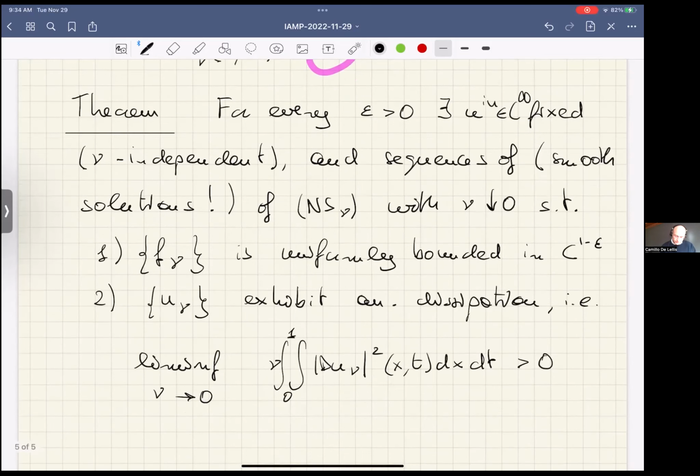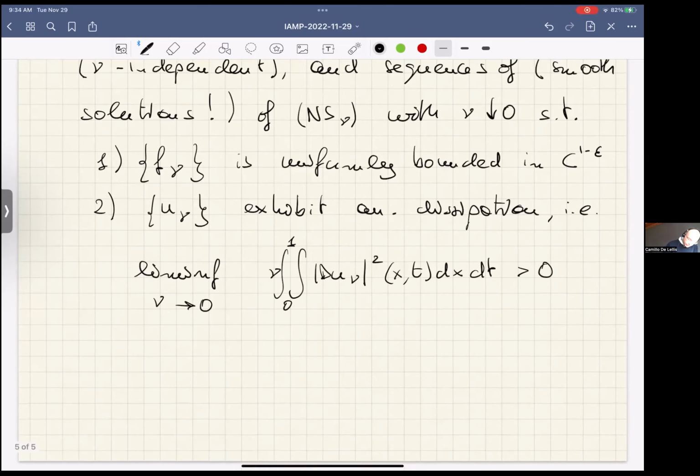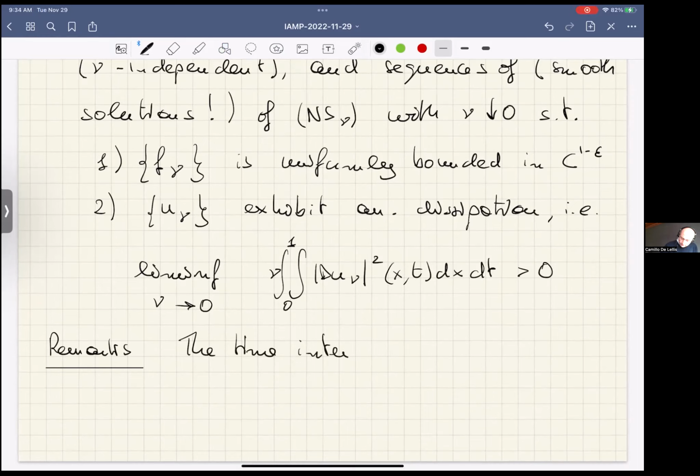Okay, in fact, maybe let me make the remark. So there are two important remarks over here. So the time interval of these solutions is 0, 1. And the dissipation happens at time 1.